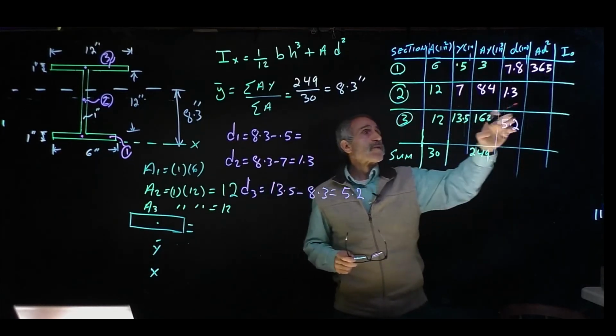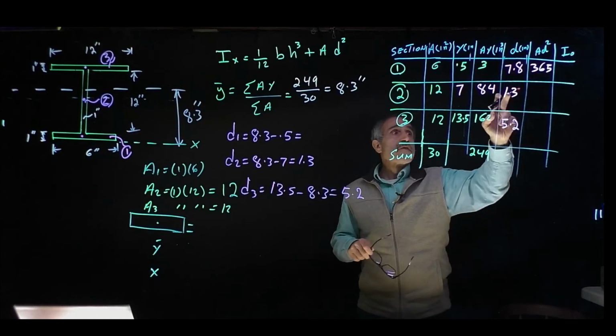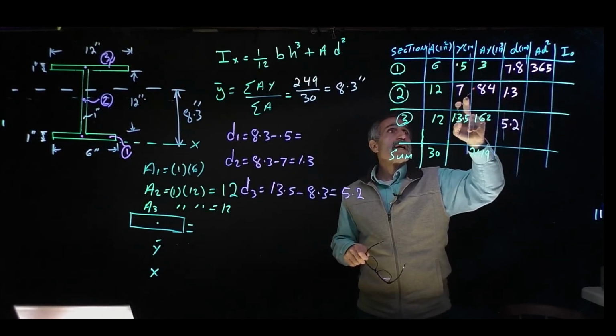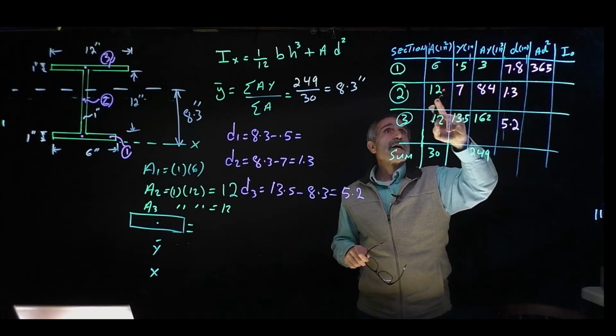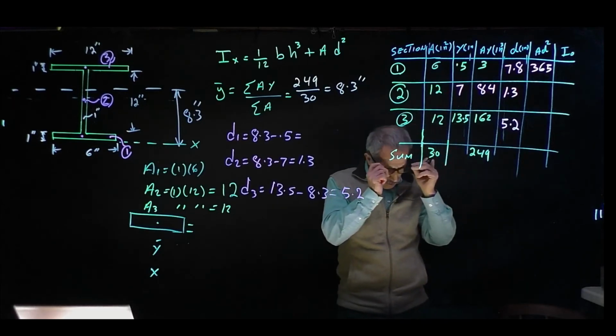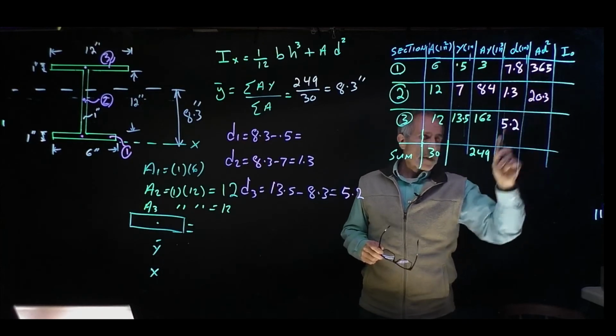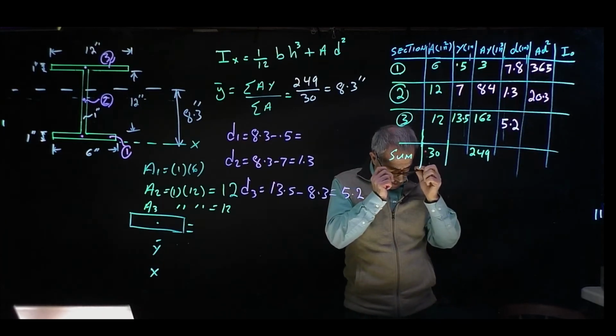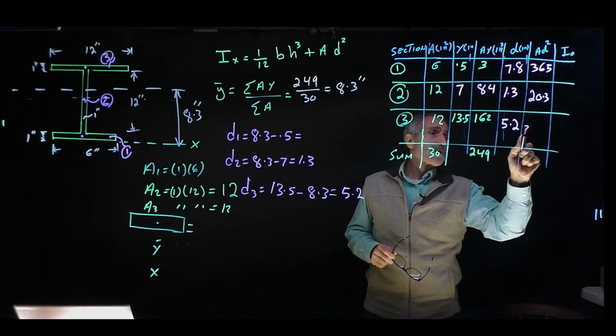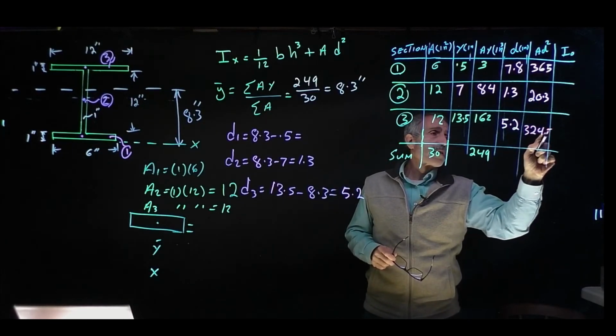And going back to AD squared for this one, if I square this and multiply, it comes out to 20.3. And this one comes out to 324.5.